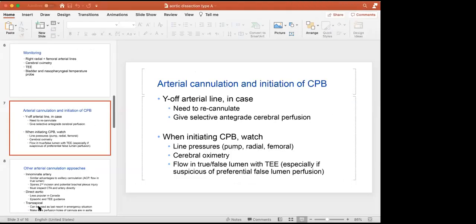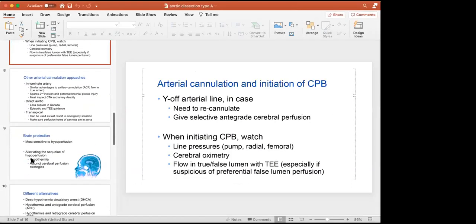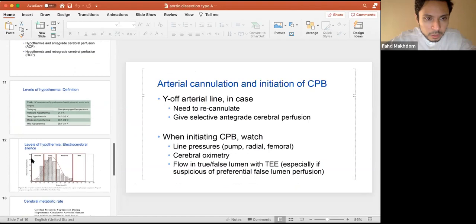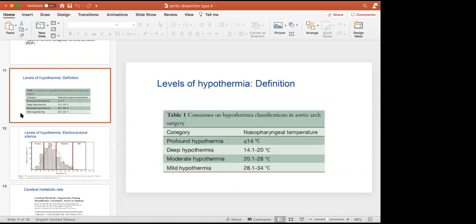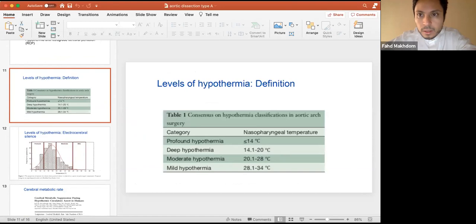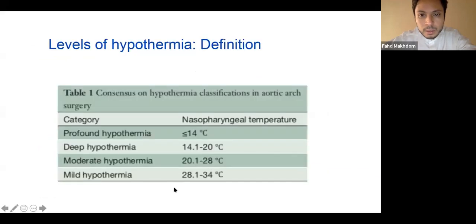If it is ranging, moderate up to 28, 28 or 30. Mild, 28 to 34. Here, did you see the slide?